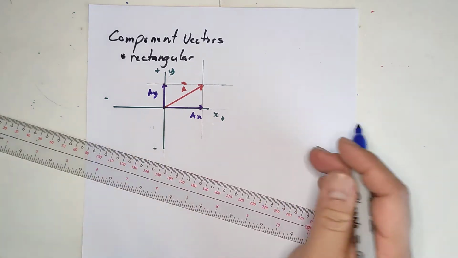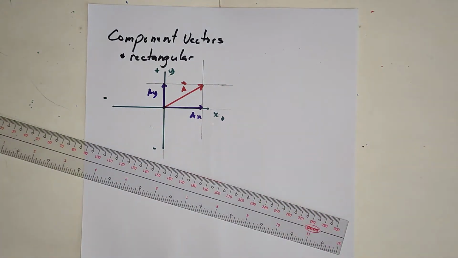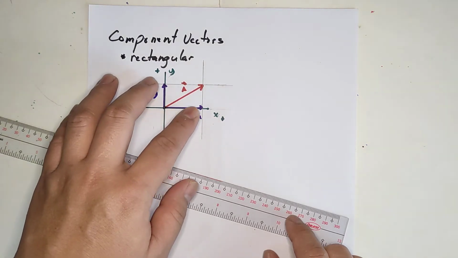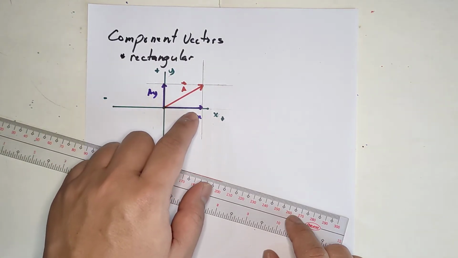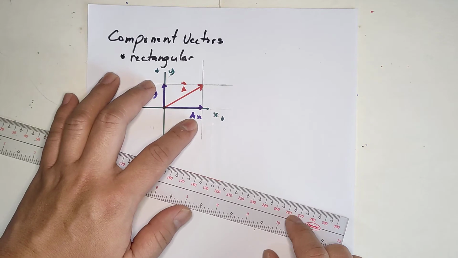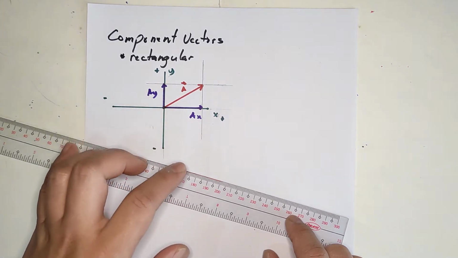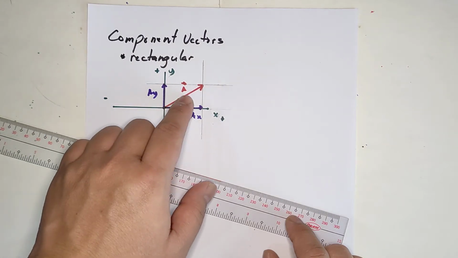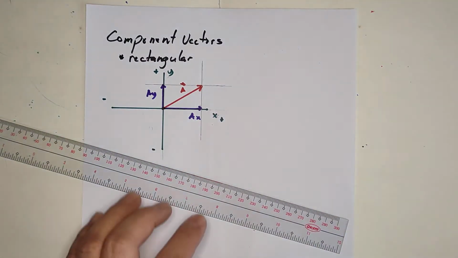They are both positive. Now, this blue AY and AX are components of A. So they are not different vectors. Actually, the blue ones, AY and AX, are components of A. Let me put it this way.